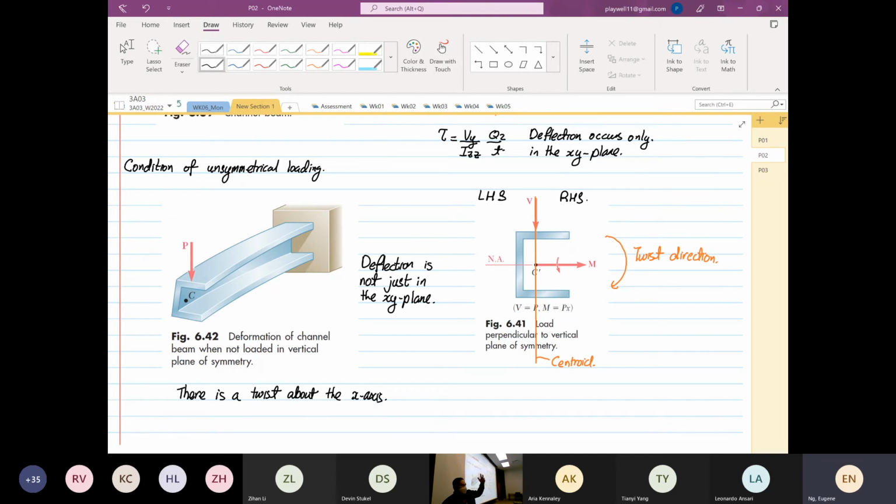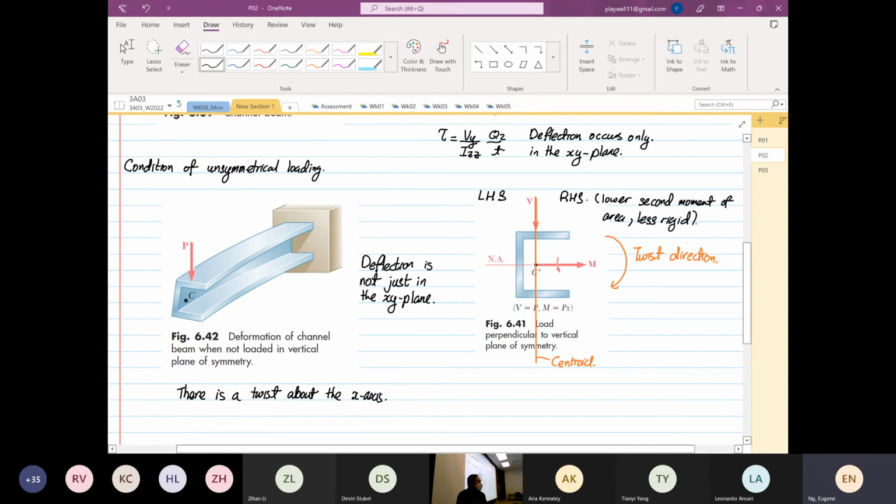Right? So the left-hand side has more resistance to deformation than the what? Than the right-hand side. Okay, so the right-hand side has a lower second moment of area. So I is less, what?